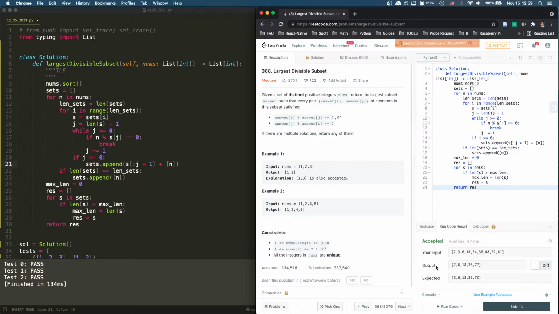But what are these? By 2 is 4. So we have some value divided by 4, 24 divided by 4, 36 divided by 4, but they do not divide each other. They do not divide each other.